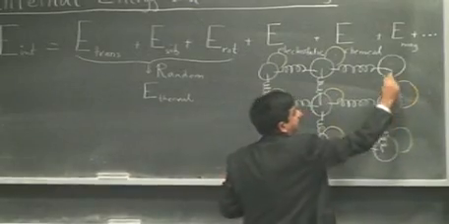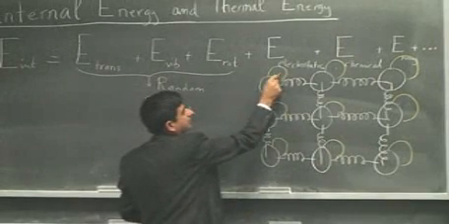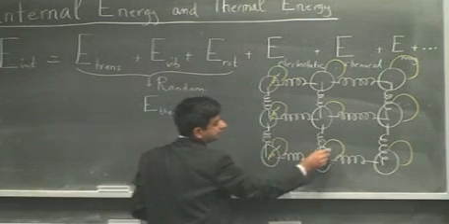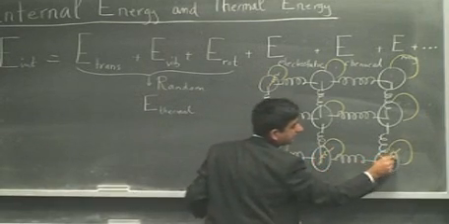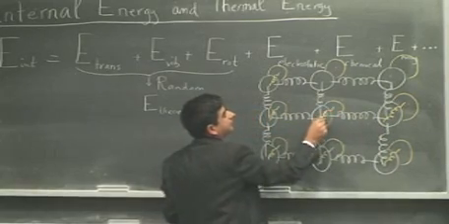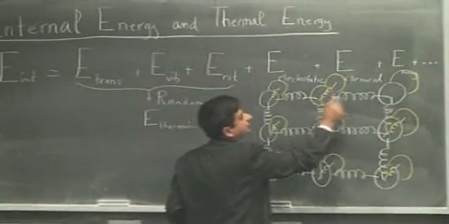So this is a perspective view of the solid, and there are bondings between the atoms at the back and the ones at the front, and each of these bondings is represented by a modified harmonic oscillator.